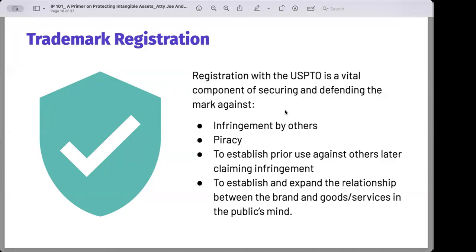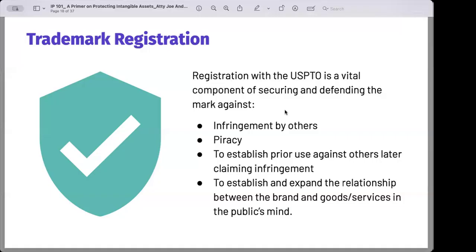The reasons are, whoever uses it first in commerce and can prove they used it first, for the most part, owns the rights. So you have to make sure that you're not accidentally infringing somebody else's existing trademark. So that's why it's really important to have somebody do a professional search for you.